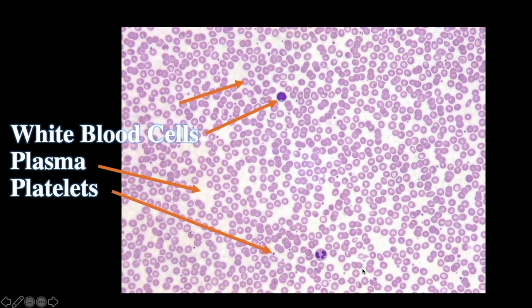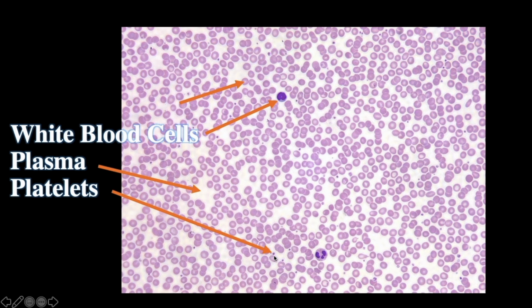And then you have these larger cells here. Here's one, two, I see two larger cells. These are white blood cells. You have the watery part here, all this white space. This is the plasma. And then you have the little cookie crumbs. These are your platelets. Platelet. These are your little cookie crumbs.